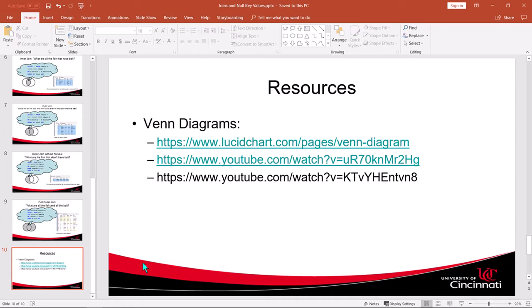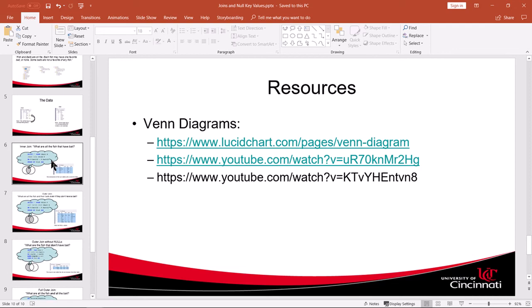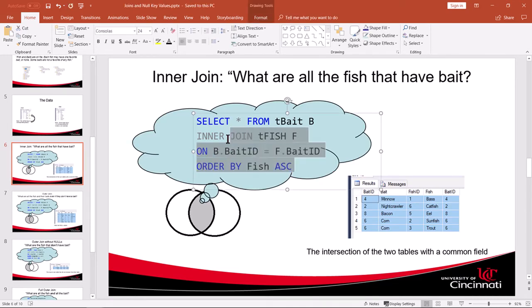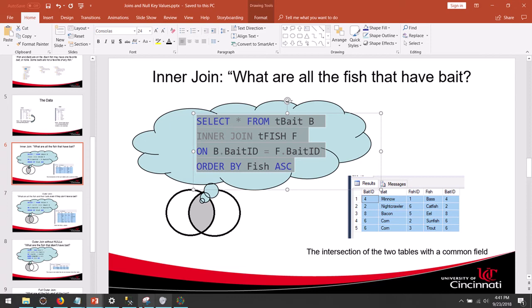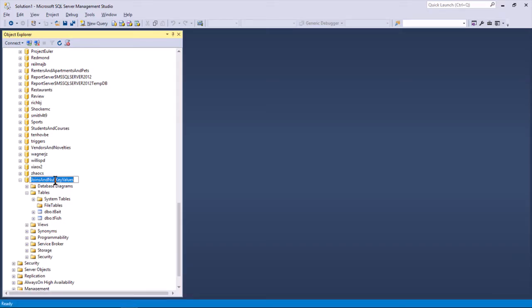At this point then, I would encourage you to grab a join. I am on slide 6. You can copy this text. You can go to SSMS, and if you're logged in correctly with the correct credentials, you can access the database called joins and null key values.